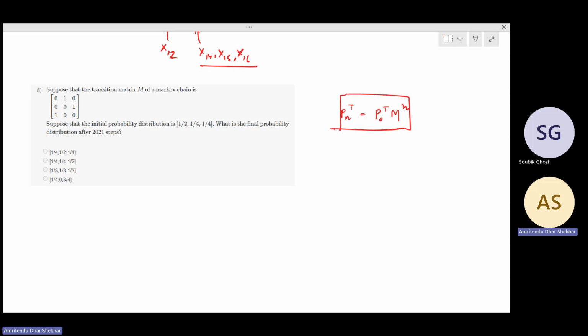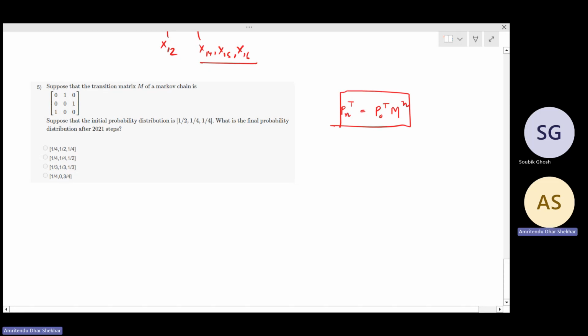along with the initial probability. Here M is given as this matrix, and here we want n equals 2021. If you do a simple calculation, you can show that M power 3 is the identity matrix.